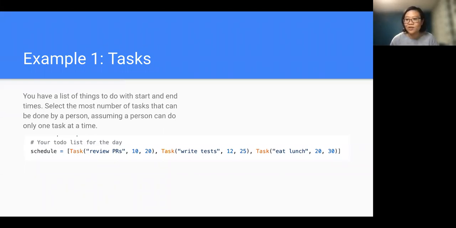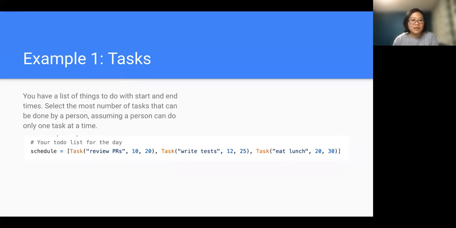You have loads of things to do. You can only do them one at a time. You can't be both reviewing pull requests and writing tests at the same time. That's just, how is that possible? So what we want is to select the most number of tasks that can be done by a person, assuming that a person can do only one task at a time.